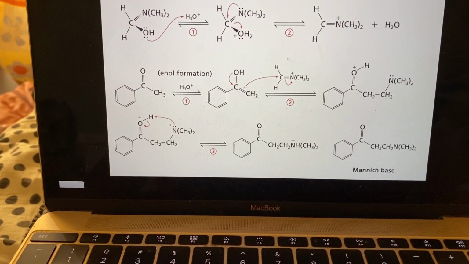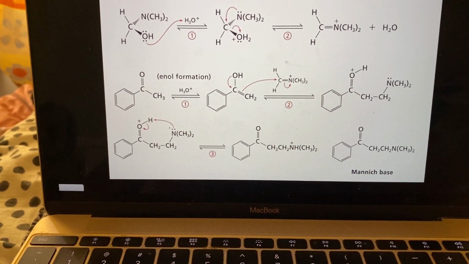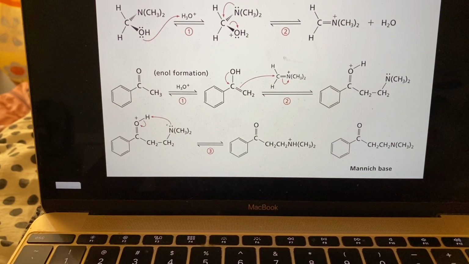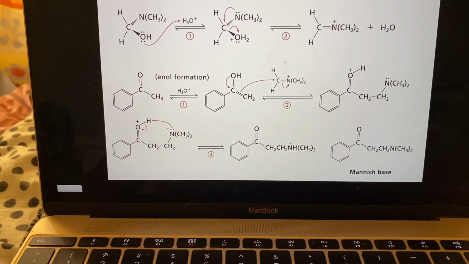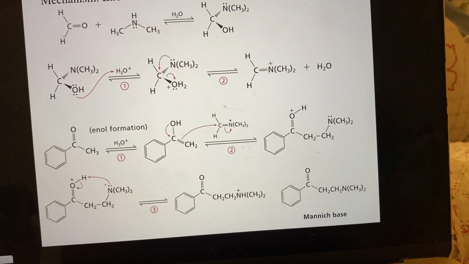One of the first things you learned in the first semester course is that alkyl halides are great leaving groups, because if I have an alkyl iodide or an alkyl bromide, the leaving group is bromide or iodide, and those are conjugate bases of HBr and HI, which are very strong acids. Okay.